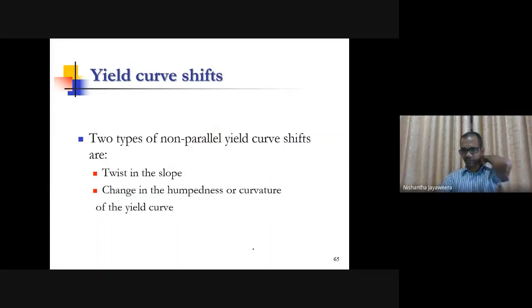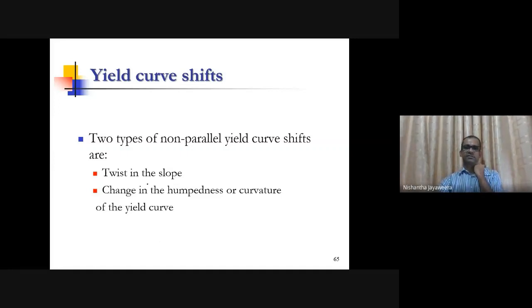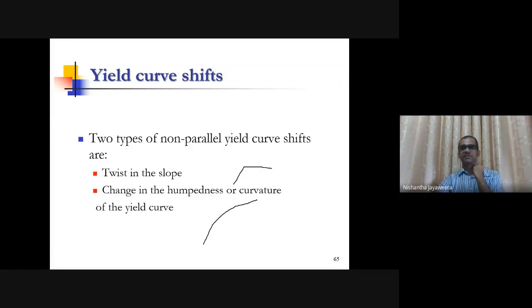So based on that, in non-parallel yield curve shifts, there are again a few things. Twist in a slope. So that means the shape can be changed somewhere here. This is the existing yield curve.